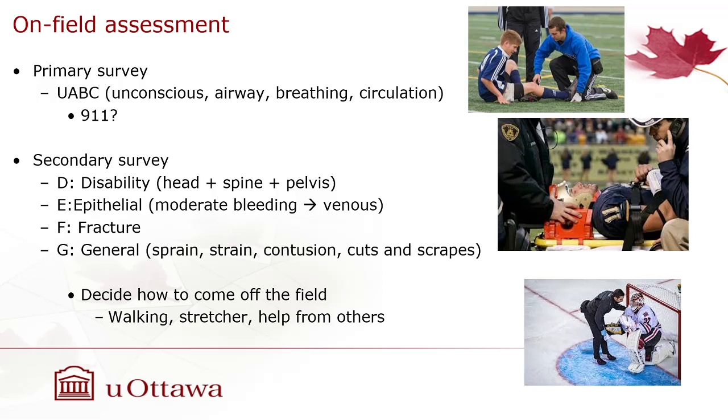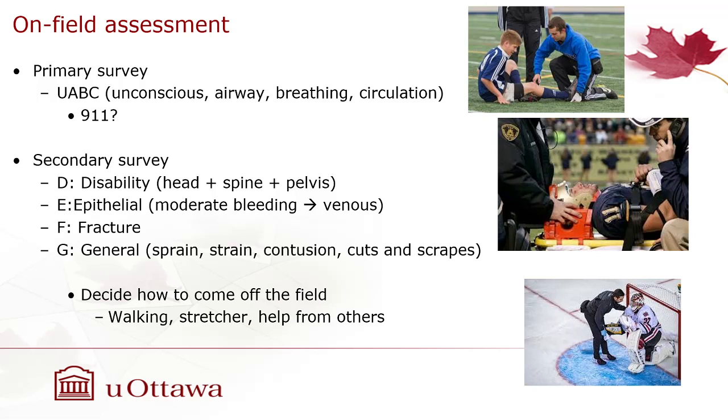And then F is for fracture. Do they have any obvious deformity? Where is the fracture located? If it's the femur, it actually goes really close to disability because you need to immobilize the pelvis and the spine in order to protect the femoral fracture.